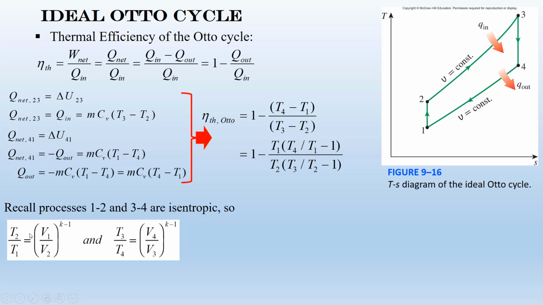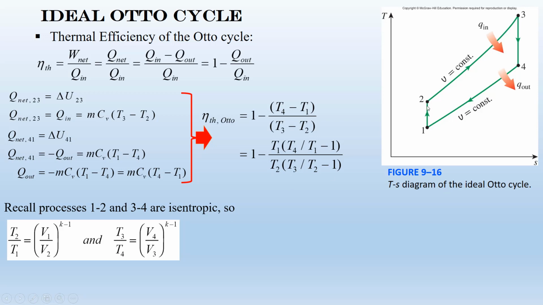Now, let's look at these volumes. Let's look at the right side of these two equations. What is the relationship between V1 and V4? If you look at this TS diagram, V1 equals V4 because this is a constant volume process. What's the relationship between V2 and V3?